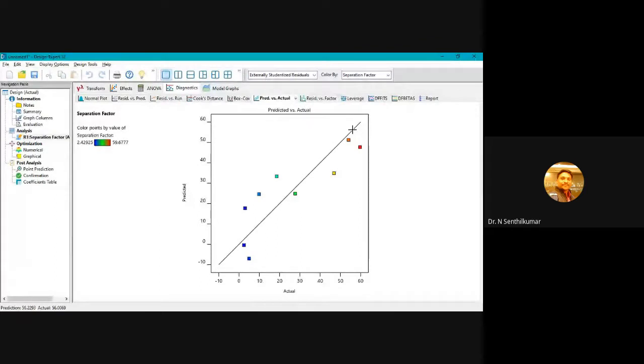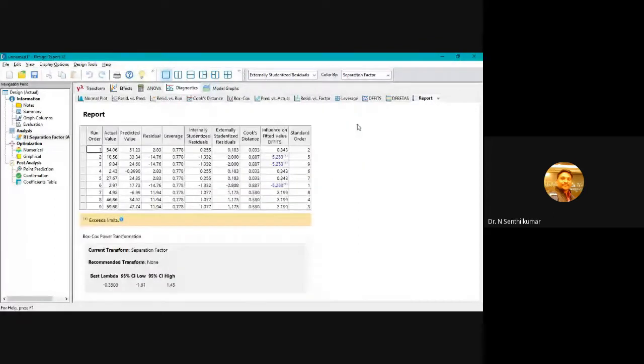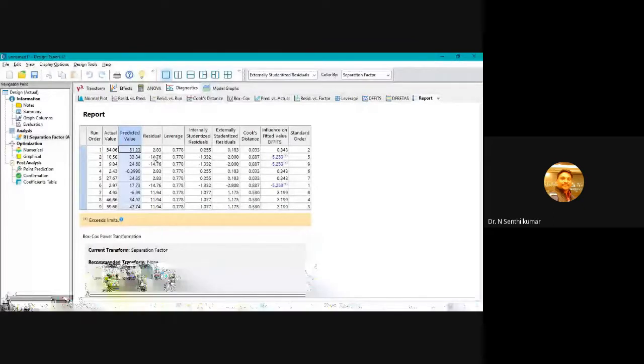Then I am going to the report. Here you can see the actual value and the predicted value. The maximum residual is 14.76. The residuals have to be very small, only then will it be a good one.